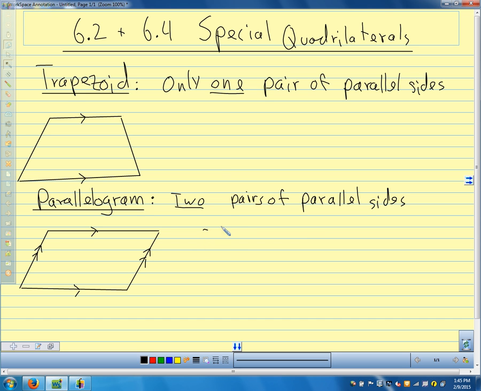In a parallelogram, opposite sides are congruent. So these two sides, not only would they be parallel, but they are congruent.